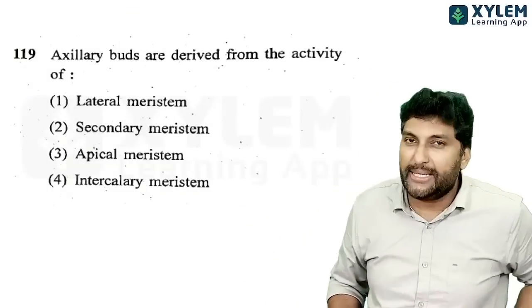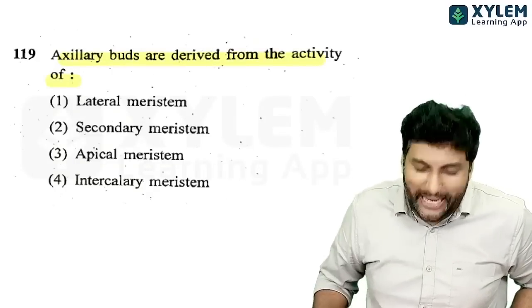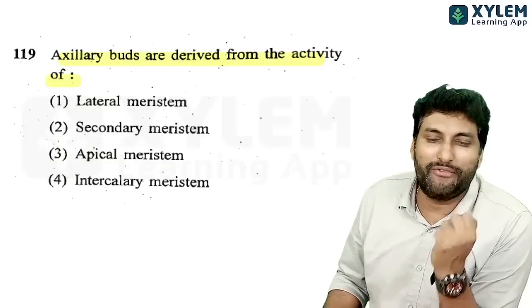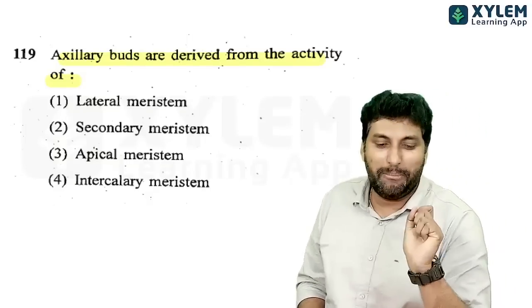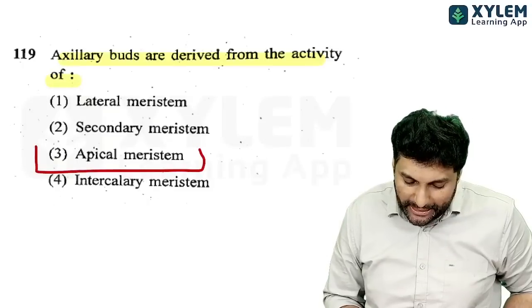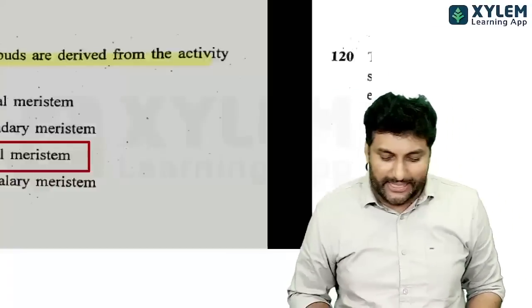Question came from plant anatomy, plus one topic. Axillary buds are derived from the activity of. Actually, you can see from the second page of that anatomy chapter, axillary buds are directly derived from the apical meristem. No doubt. Clear. Let's move to 120.